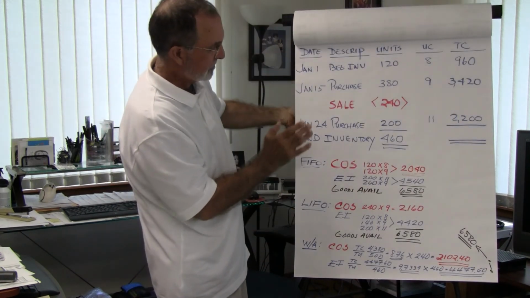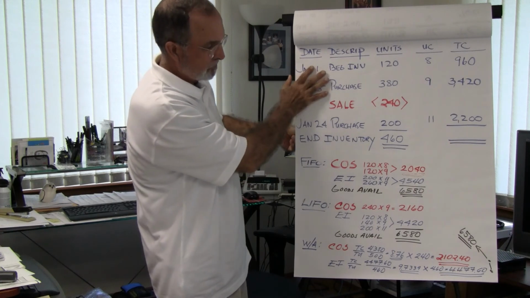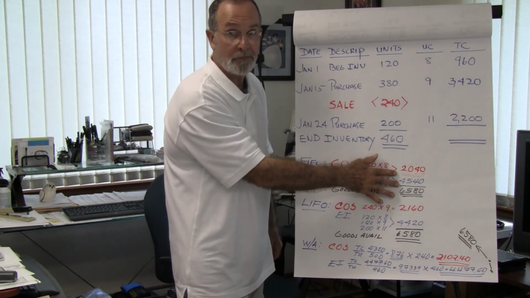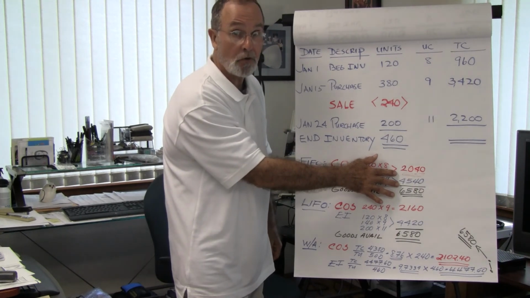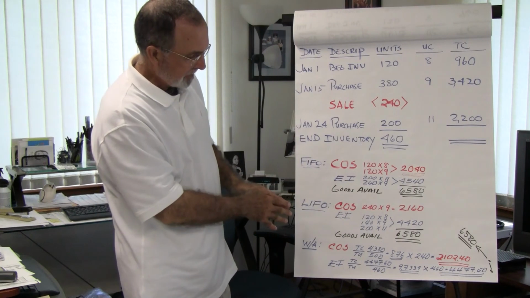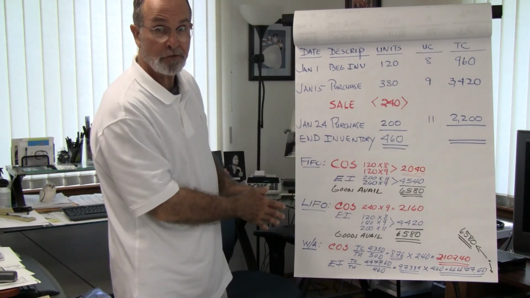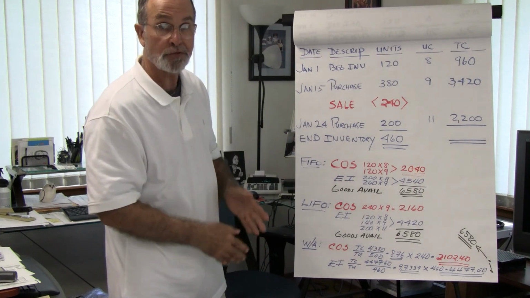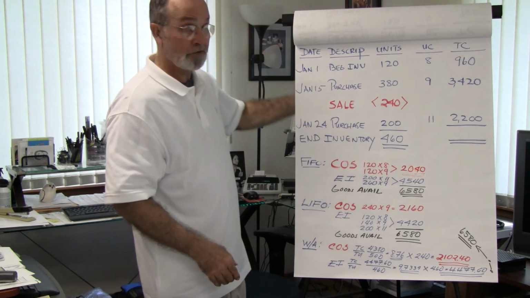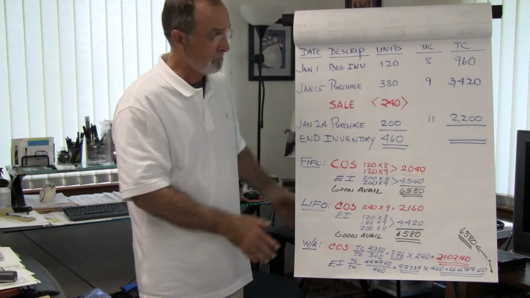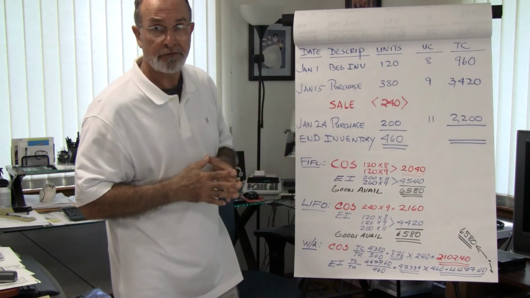When we use FIFO under the perpetual method, those two numbers are exactly the same, and that is so all the time. When we move to LIFO, last in first out, or weighted average, however, our numbers will change, depending on whether we're using the periodic inventory method or the perpetual inventory method.